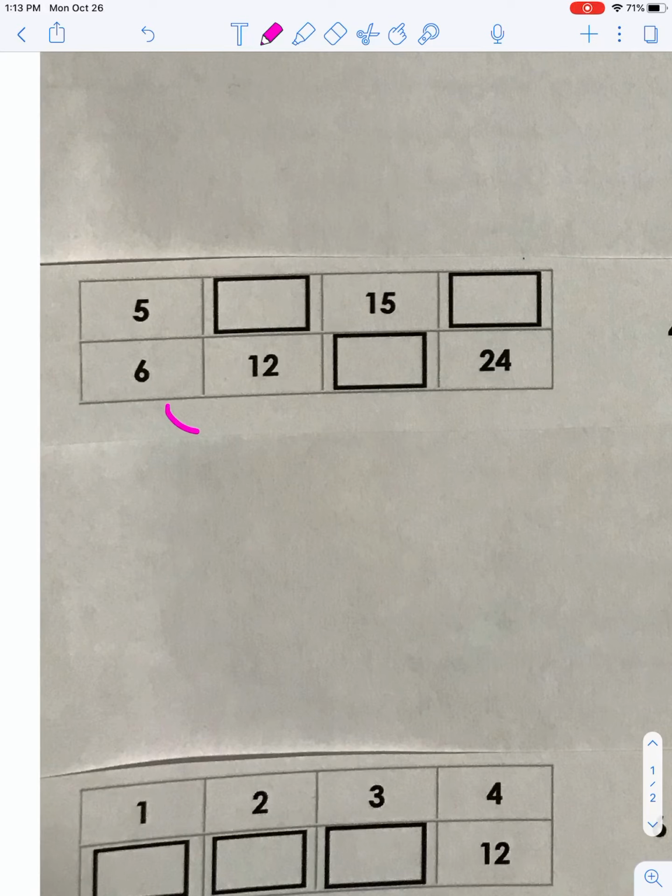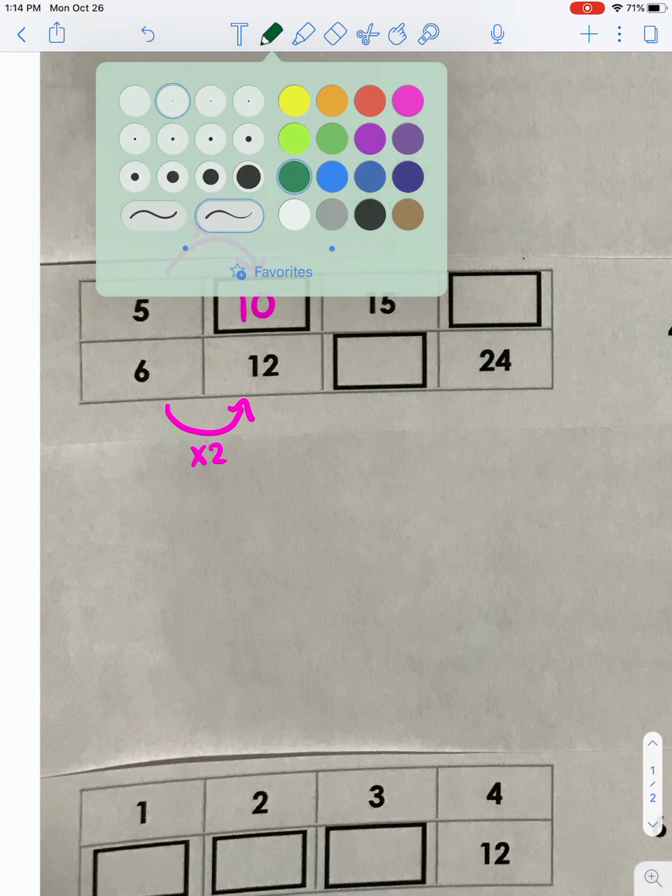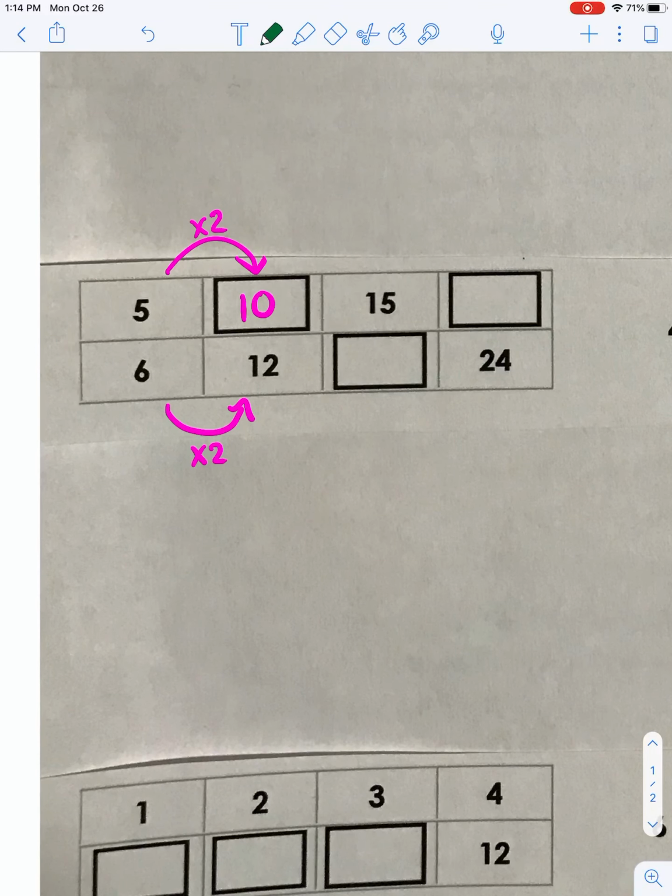All right, and right away you can probably see that there's a relationship here. 6 times 2 is 12, and so 5 times 2 is going to be 10. And now what can I do? Well, let's see. I can see a relationship between 12 and 24.